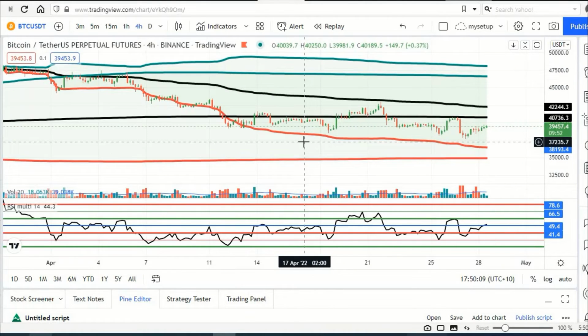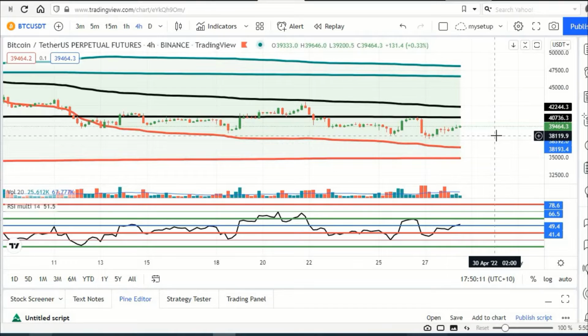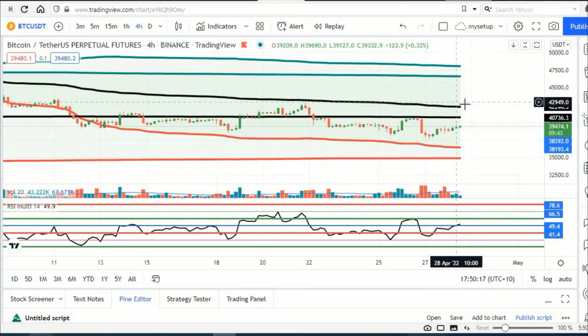As we have been reviewing in the last few sessions, Bitcoin has to take out both these VWAPs for any meaningful upside. At least it has to first cross this particular VWAP, because last time it took a strong resistance around it. So clearing this VWAP will be the next big hurdle for Bitcoin.